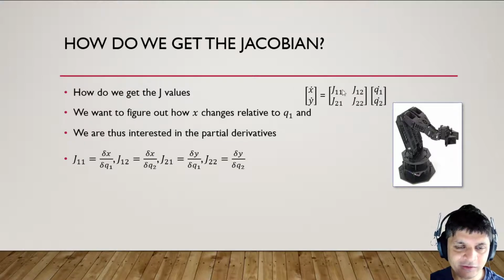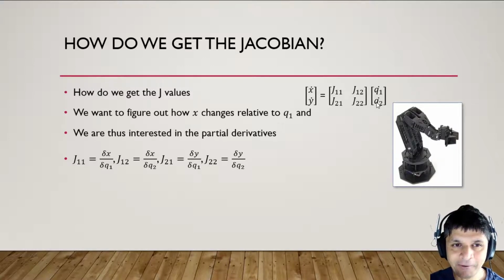Well, interestingly, if we look at this relationship, we say the change in x, or x dot, is going to become j11 times q1 dot plus j12 times q2 dot. Okay, and similarly, y dot, or the change in y, is going to become j21 times q1 dot plus j22 times q2 dot.